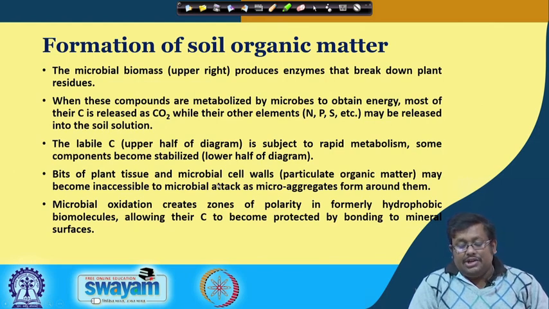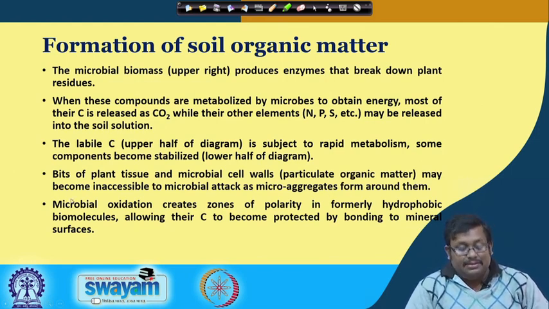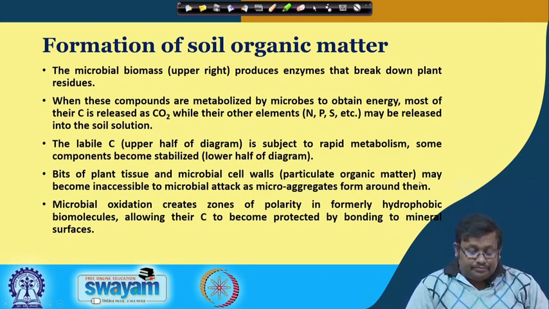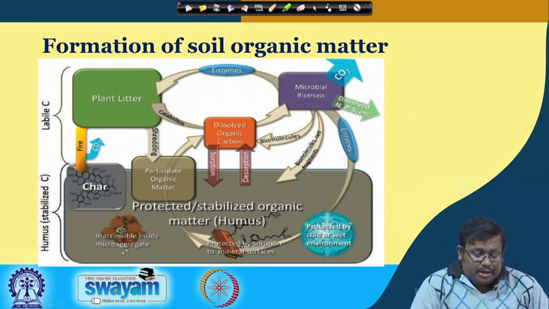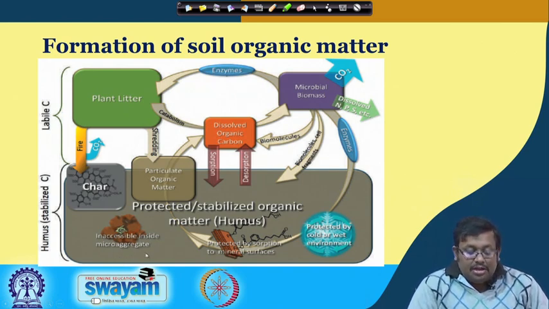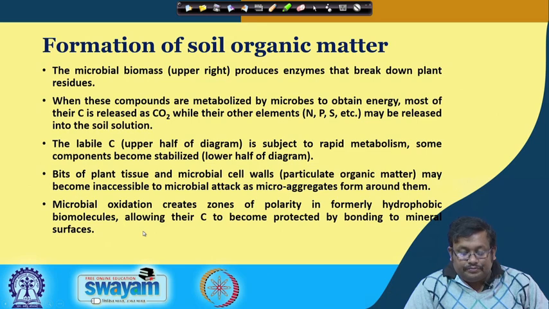Bits of plant tissue and microbial cells, that is particulate organic matter, may become inaccessible to microbial attack as microaggregates form around them. So some dissolved organic matter and particulate organic matter are protected inside the microaggregates and become inaccessible. They move from the labile pool to the stabilized pool.